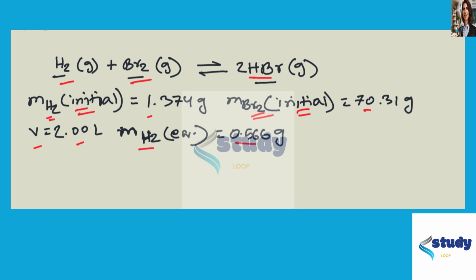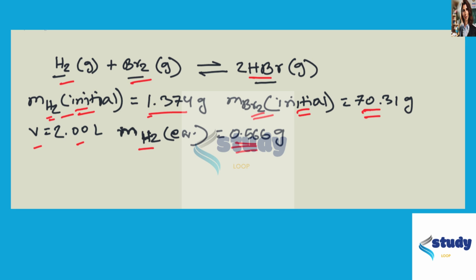the initial number of moles of hydrogen which is taking part in the reaction, and then we also have to find out the initial number of moles of bromine which are present, and the number of moles of hydrogen at equilibrium, using this equilibrium mass of hydrogen.